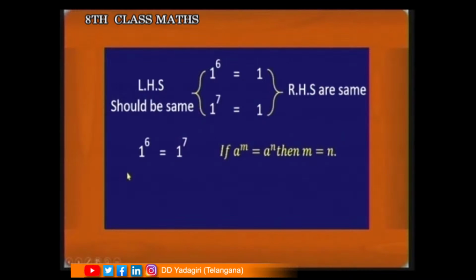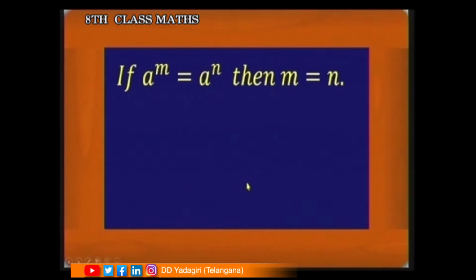Then you apply that concept here. Here both bases are the same, so you can equate the exponents, 6 equal to 7. Is this statement correct? No, it is not the correct statement. 6 and 7 being equal is a wrong statement. Thus, this formula has some limitations. This formula we can apply only when a is not equal to 1 or minus 1. For bases other than 1 and minus 1, this formula can be applied.